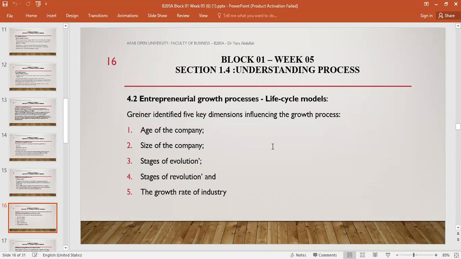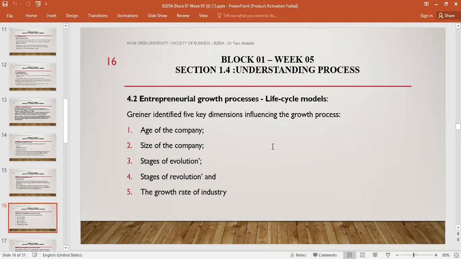These are the dimensions I should consider when I'm going to consider the growth process of a certain venture. And it is completely different from the human being. I'm not going to be concerned with this factor with the living organisms. I'm concerned with these factors when I'm going to study the growth process of a certain venture.